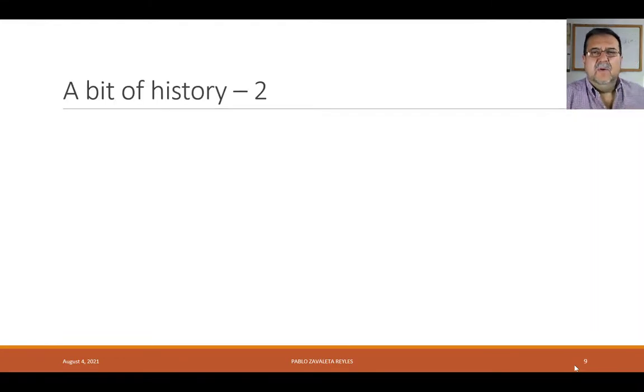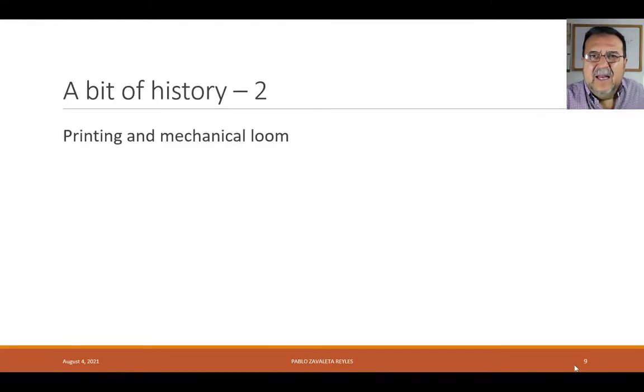When did modern production begin? It began with the printing press and mechanical loom. In the 15th century, 1468, 1472, something like that, Gutenberg created the modern printing press.